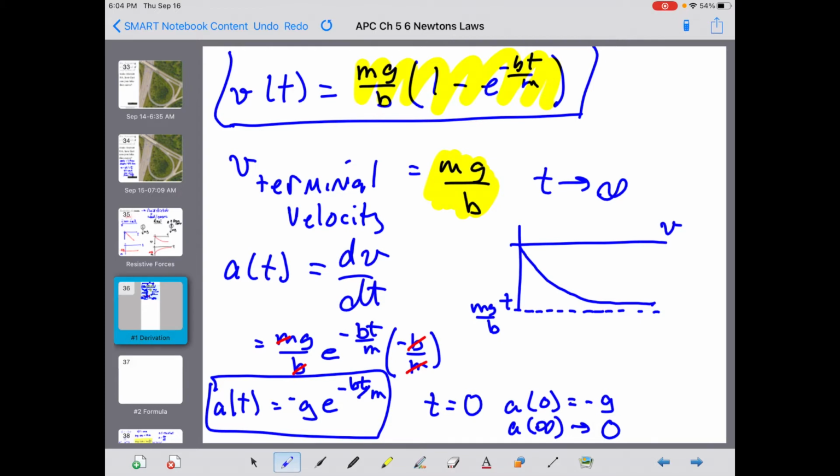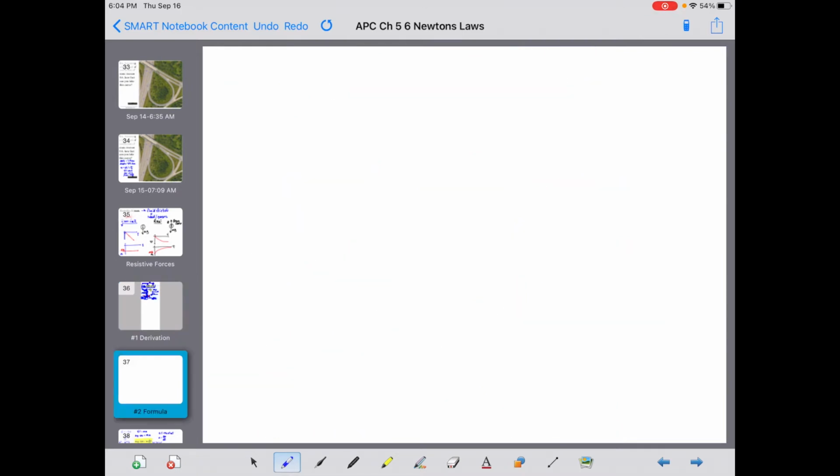Now, this is one way to model drag forces. We modeled it originally as the drag force being proportional to the velocity. Well, if you think about the curved part of the graph, we can also think of this as modeling that resistive force as proportional to the square of the velocity.